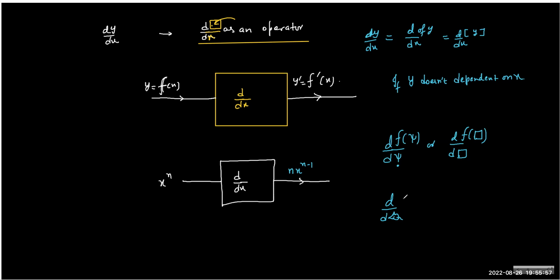So can I write that f must be a function of what? X must be a function of rat, only rat. So when we learn this as an operator, you have to understand the dependency part: only a similar dependency can be differentiated.